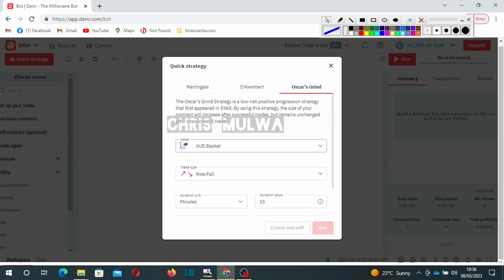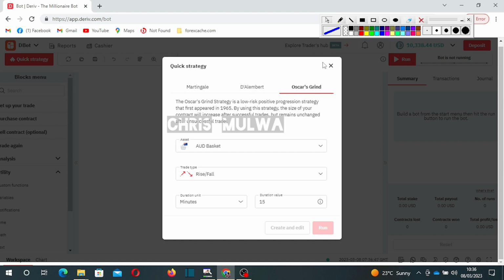But in Oscar's, when there are losses, the stake reduces, then it starts again increasing when there is a win. I think we can try this. Because many movers have been taking advantage of Martingale to kill so many bots.